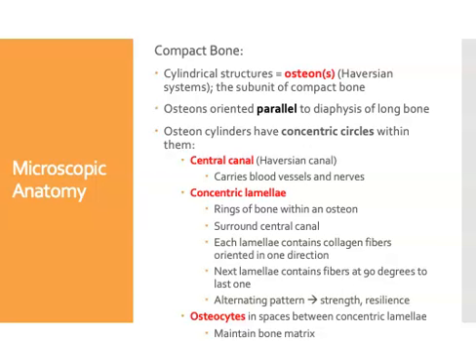Remember, we can compare the collagen fibers to the rebar in reinforced concrete, and because these collagen fibers are at perpendicular angles to each other, from lamella to lamella to lamella, you end up with an increased strength in the bone.